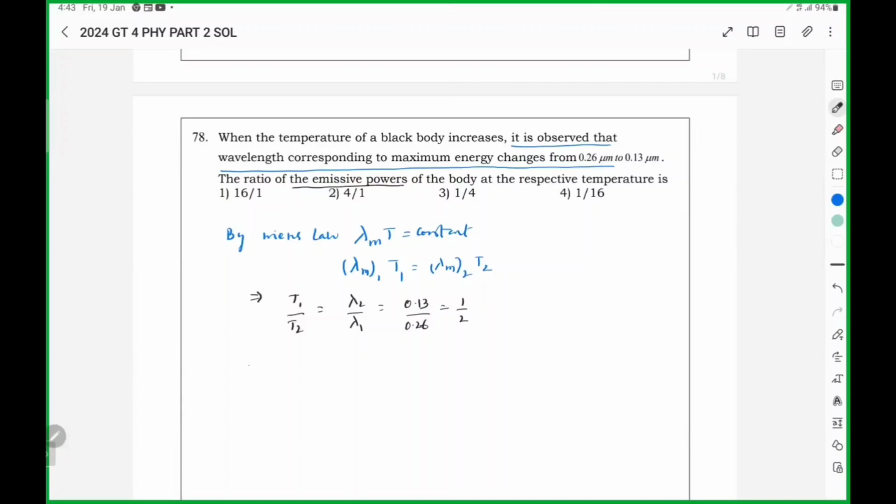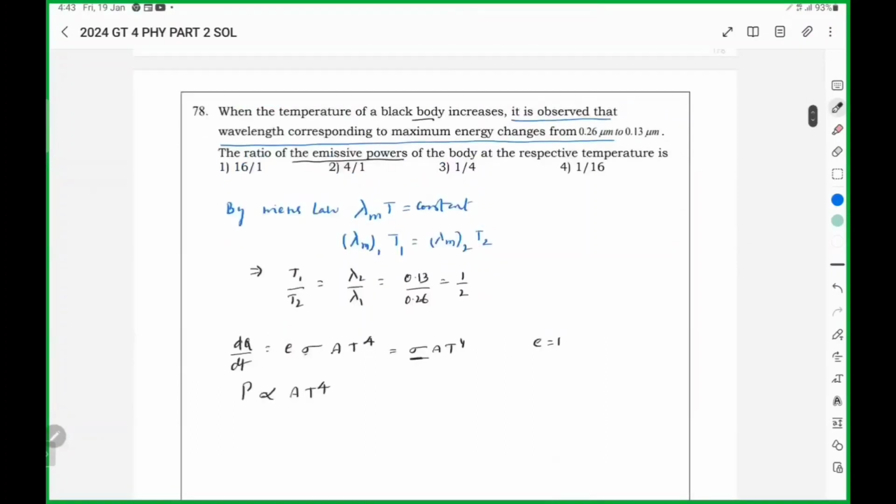So the ratio of emissive power is sigma A, where sigma is the Stefan-Boltzmann constant, times emissivity, surface area, T power 4. Since it's a black body, emissivity is 1. So P is proportional to A T power 4.